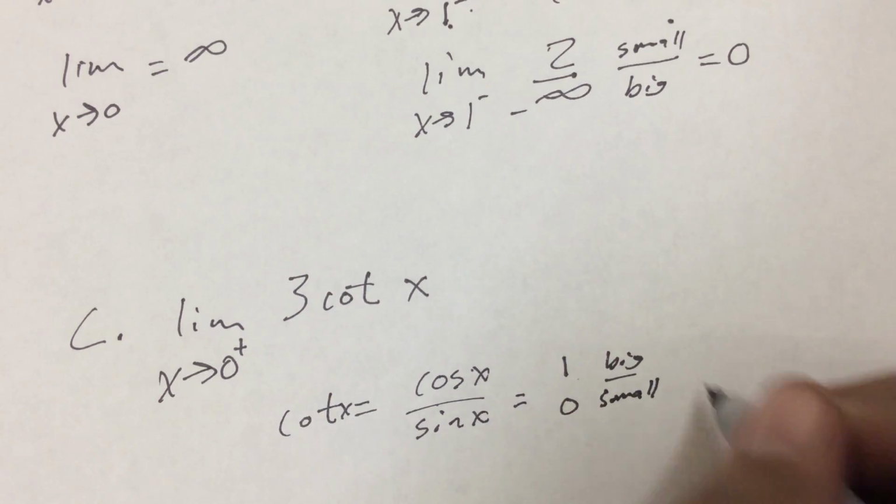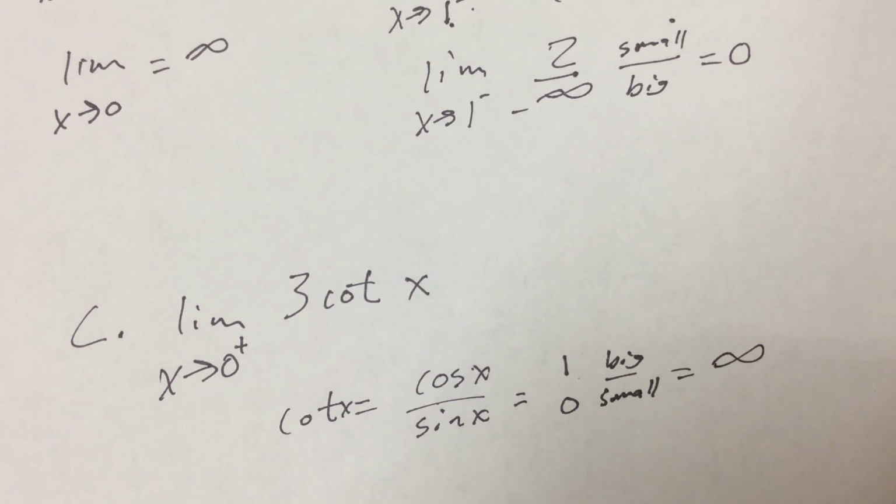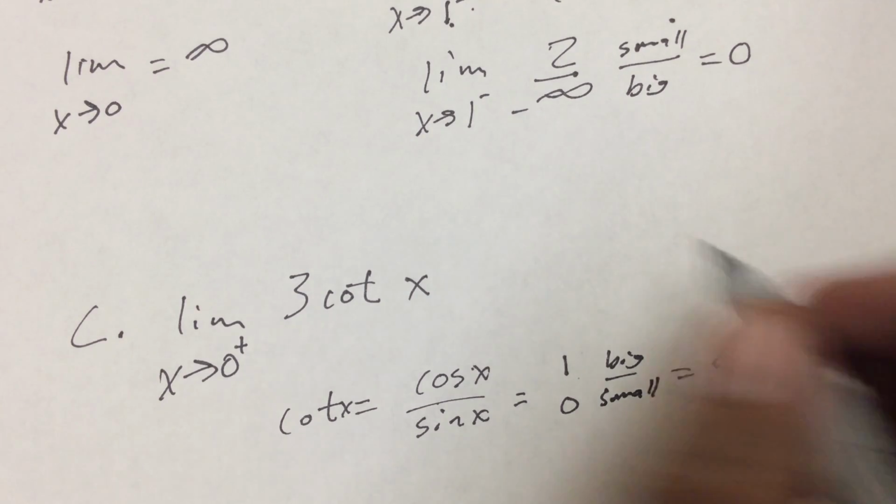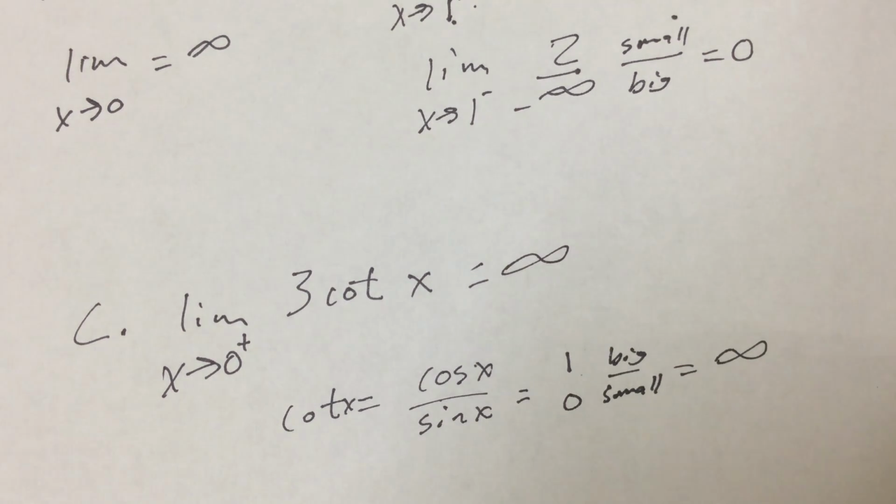Big over small is infinity. And we're from the right side of 0. So on the right side, using your circle, sine and cosine, both the x and the y, are positive towards 0. So this is going to be infinity.